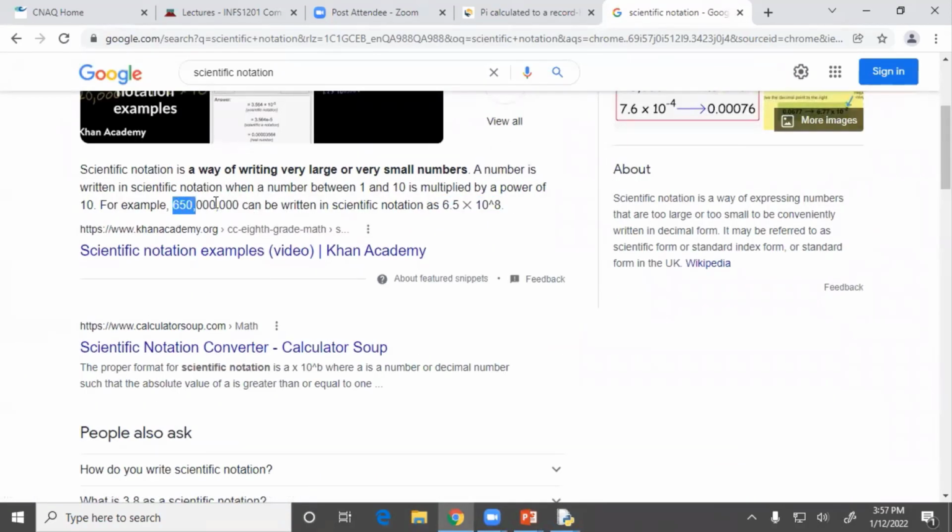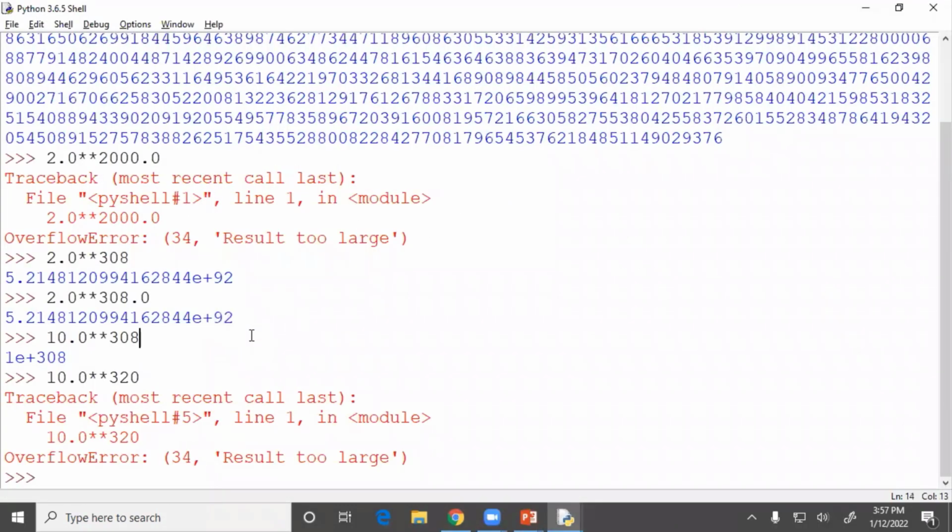You see this number? You can write it as 6.5 times 10 to the power something. So instead of this, we put E. It means this number times 10 to the power. Okay, this is called scientific notation. Clear? Who asked me this question? Okay, is this clear, Hafsa? Questions? So we're good till now.